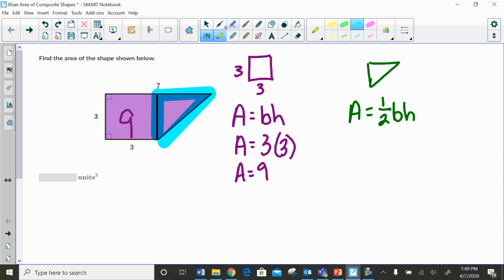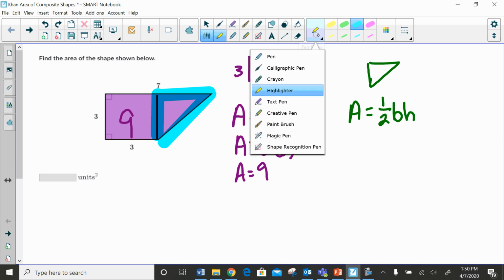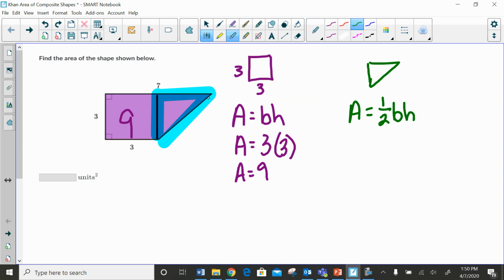There are two sides that matter to us in this triangle. One side we really don't need to worry about, and that's this hypotenuse. But let's start right here. What is the length of this side of the triangle? Yep, it's 3.